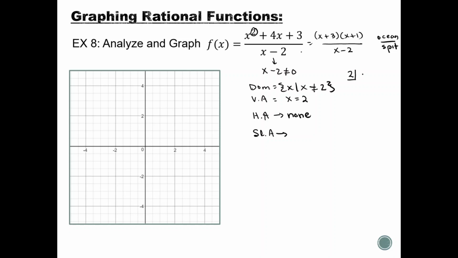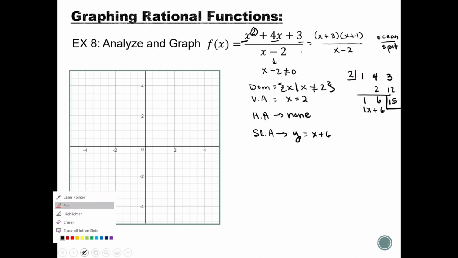So I'll put the 2, and I'll put 1, 4, and 3, use those coefficients from the numerator, do the division, which is the same problem we just had. So my slanted asymptote is y equals 1x plus 6, and it had a remainder of 15.